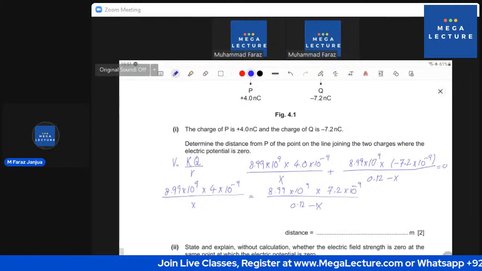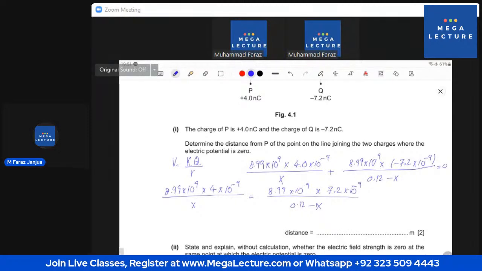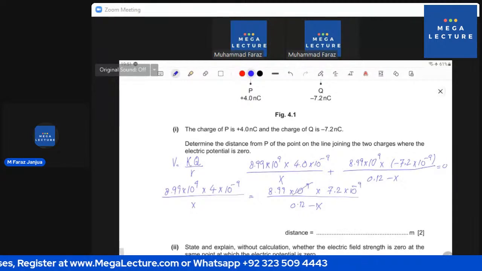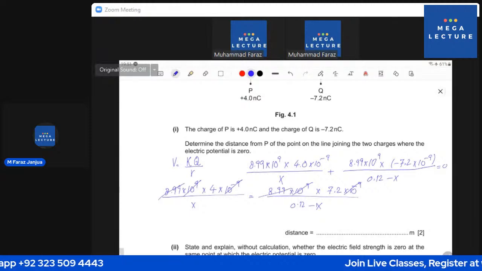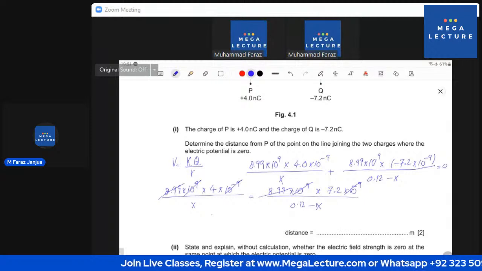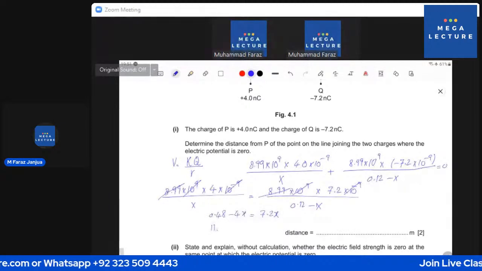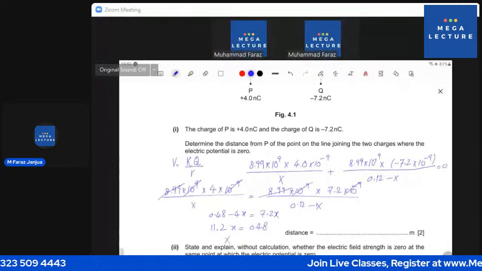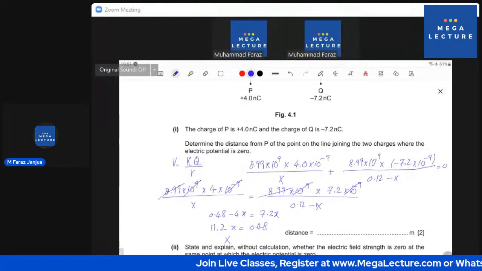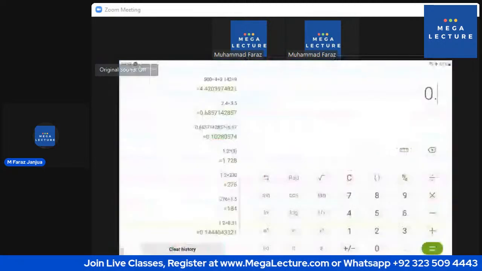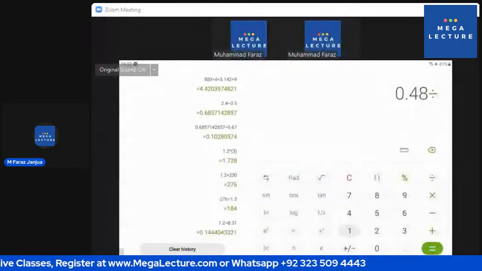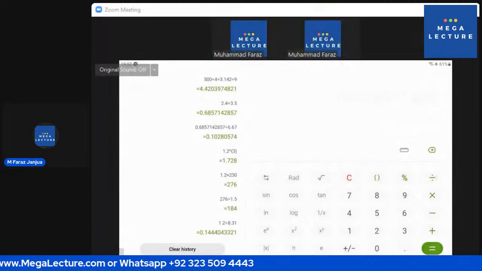So we can simply get rid of the common terms. It will become 0.48 minus 4x equals 7.2x, so 11.2x equals 0.48. x equals 0.48 divided by 11.2, which is 0.043.